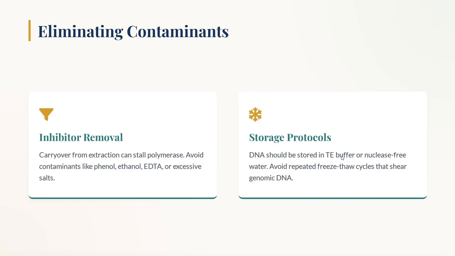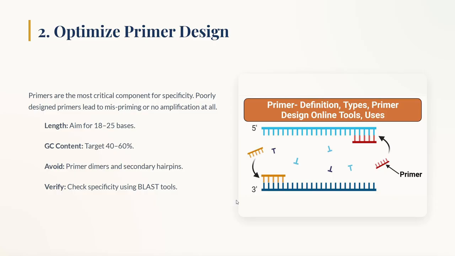And of course avoid repeated freeze-thaw cycles, because that can lead to shearing of the genomic DNA. These are very small basic things that we should keep in mind so that we don't get issues afterwards.